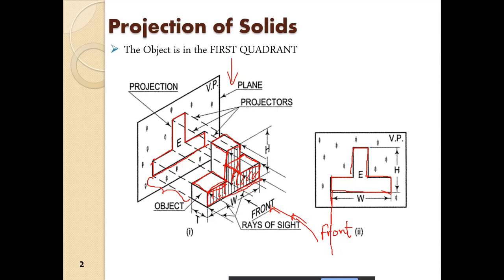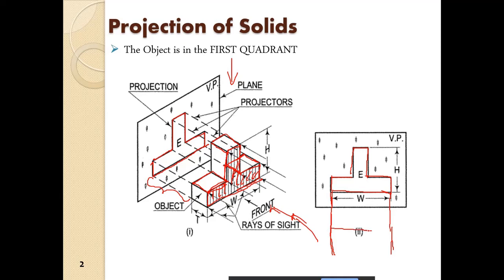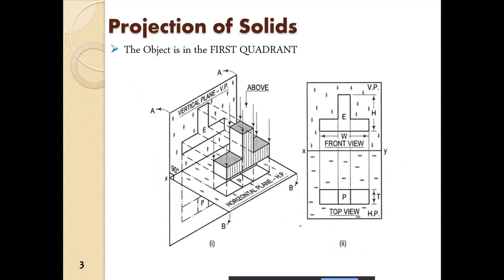It will be as long as this particular side over here, and we will see the object in this manner. So that is what we will see from the top.